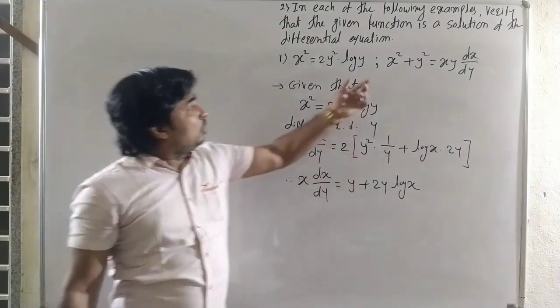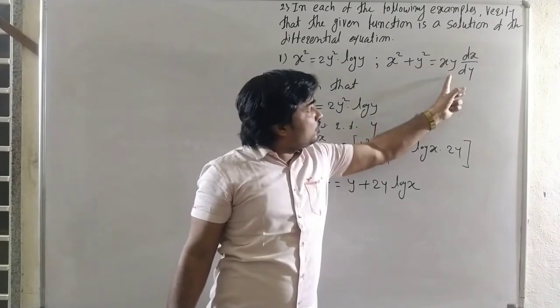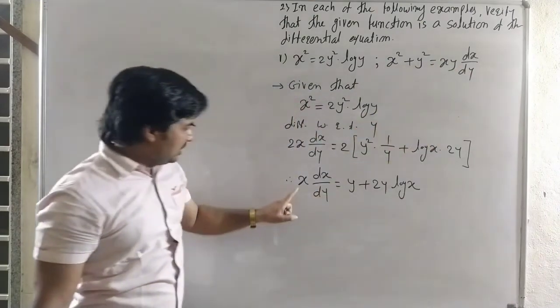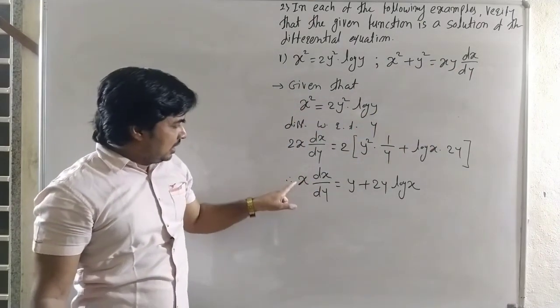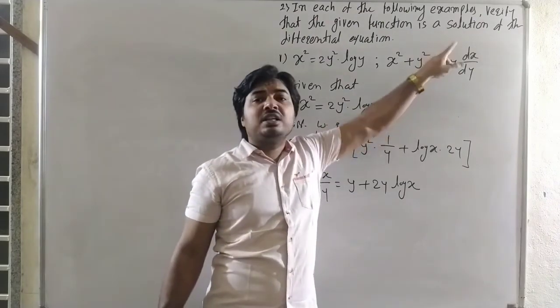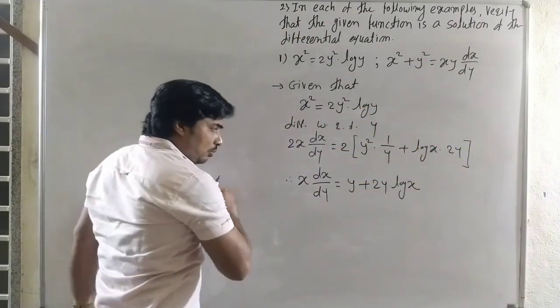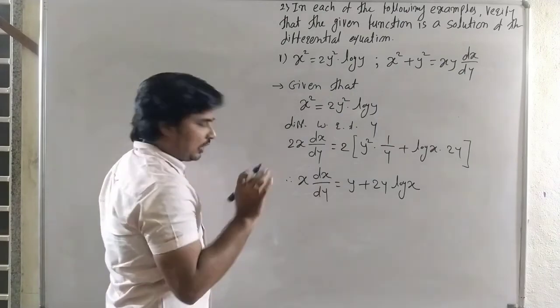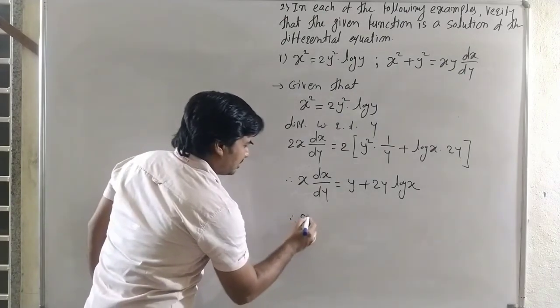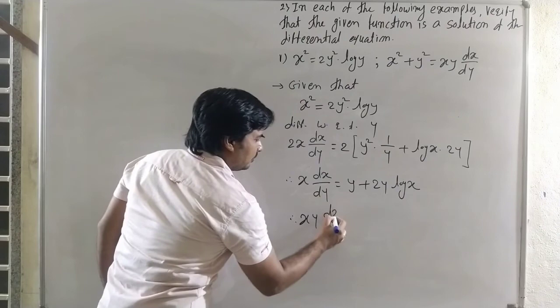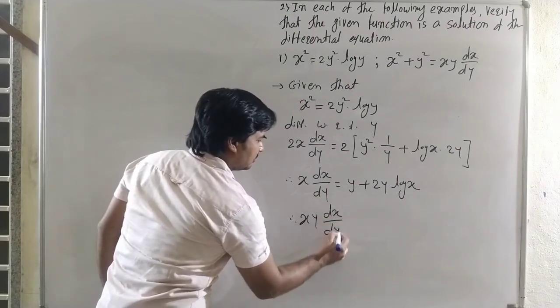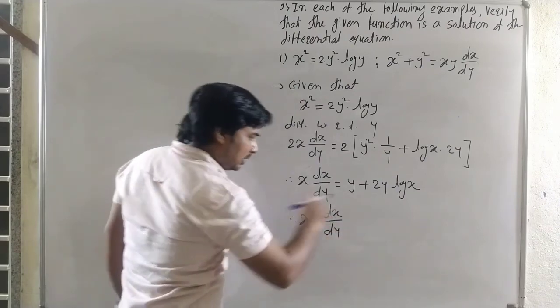Now we want x square plus y square is equal to xy dx by dy. Here it is x dx by dy. We want xy dx by dy. So multiply throughout by y. Then we get x into y dx by dy, x into y multiplied by y.